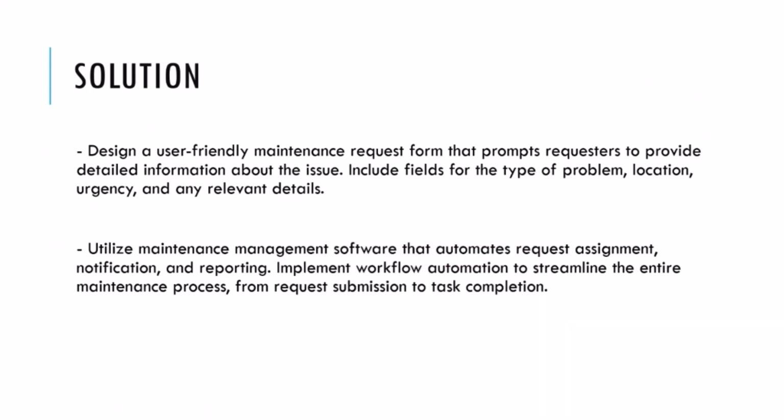This could include the type of the problem, where it is situated, the urgency of the problem, and much more. We will utilize a maintenance managed flow, which in this case will be automation using Power Automate to send notifications, reports, and all that information.